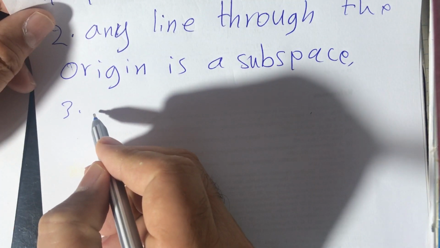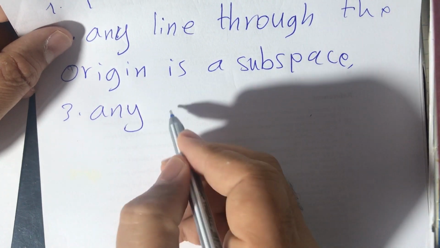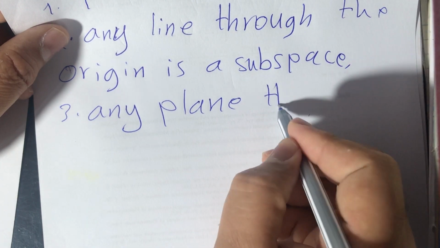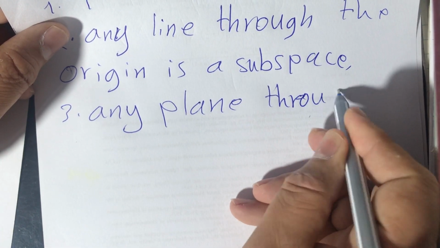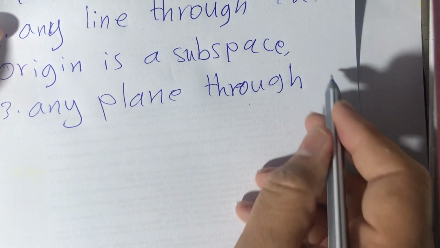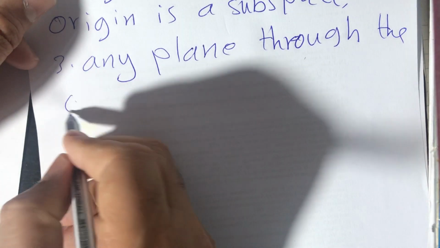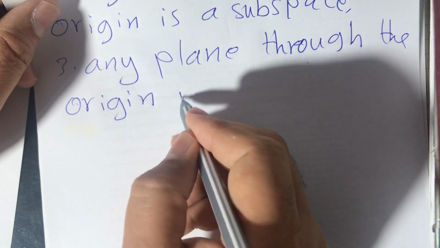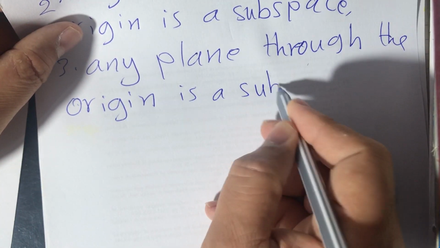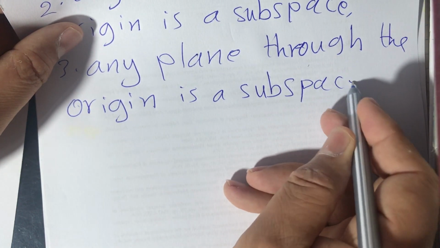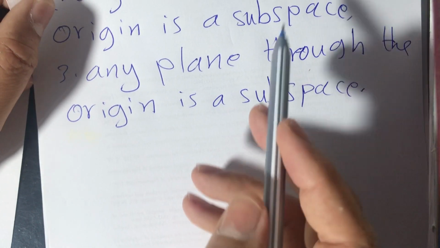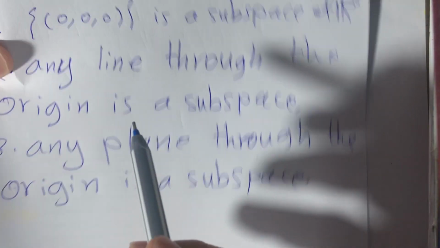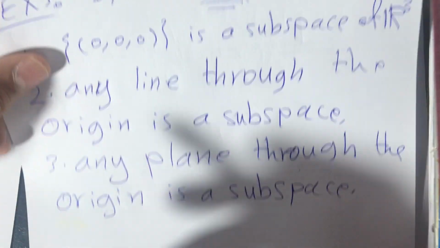Number 3, any plane through the origin is a subspace from R3, of course. Subspace from what? From R3.